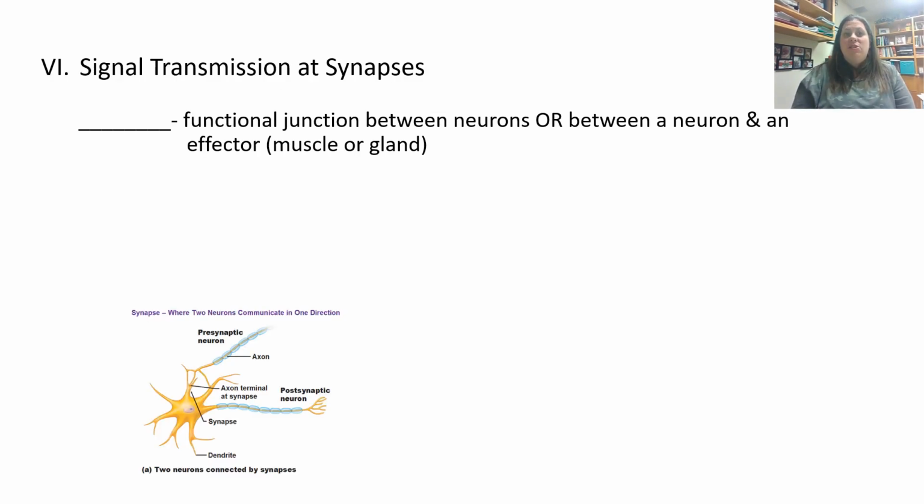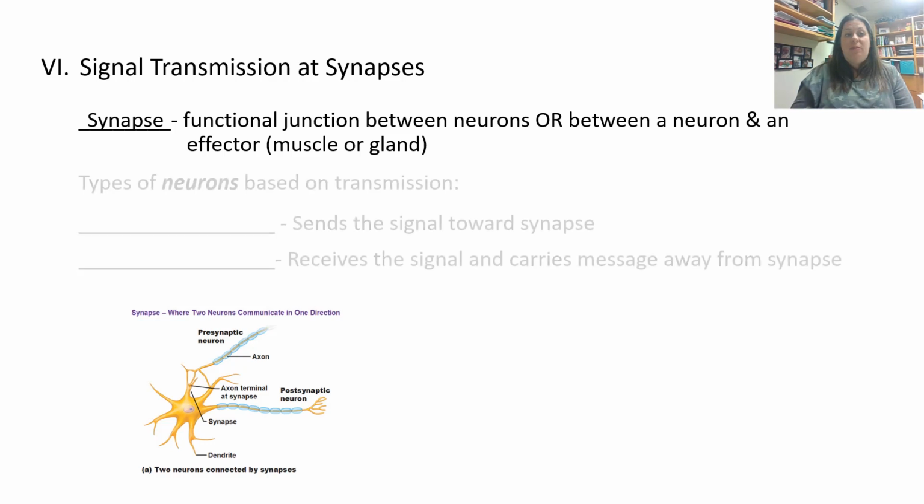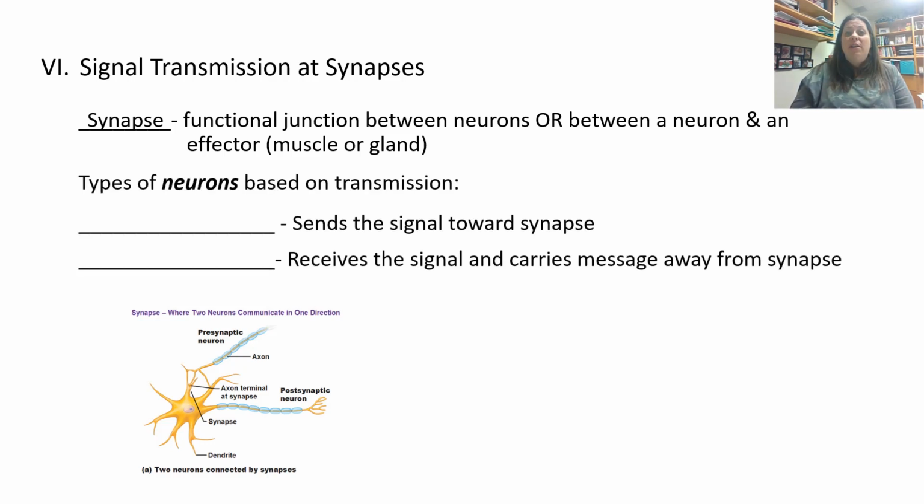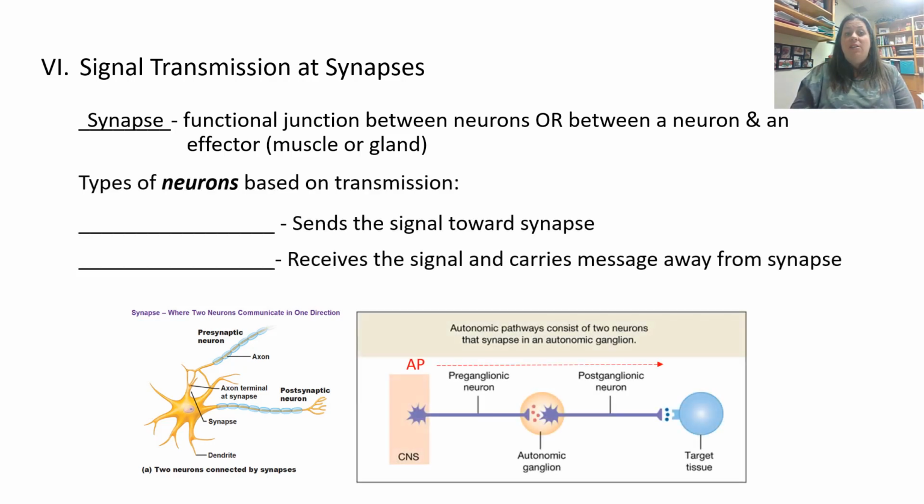Now, signal transmission is going to occur at what we call the synapses. The synapse is a functional junction between a neuron and another neuron, or a neuron and an effector, a muscle or a gland. Now, these types of neurons are based on their transmission, okay? So if the neuron is before the synapse, it's called a presynaptic neuron.